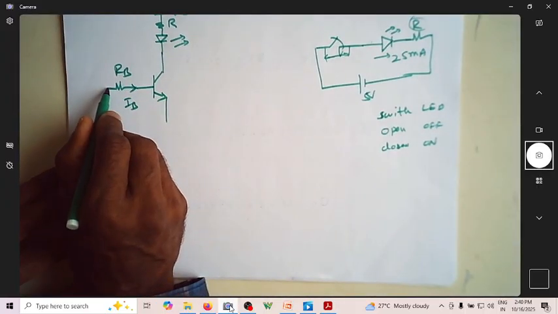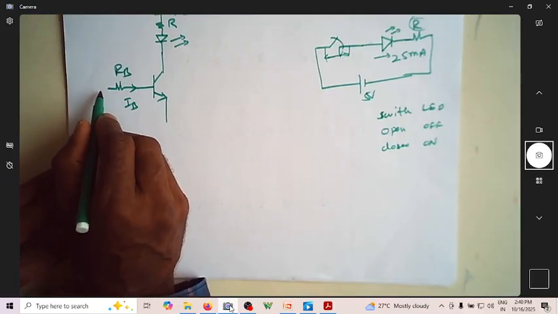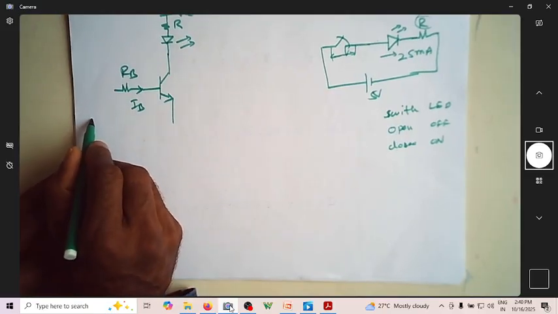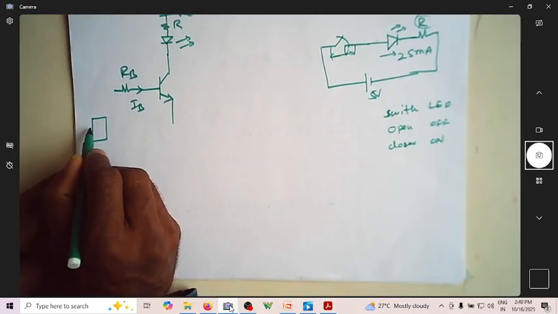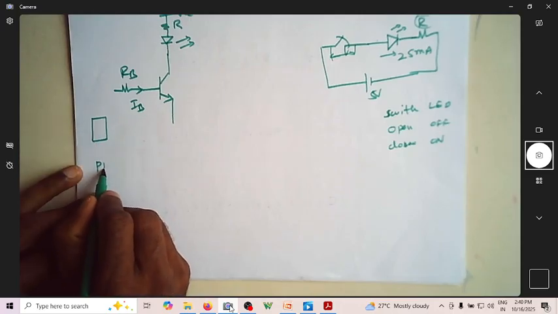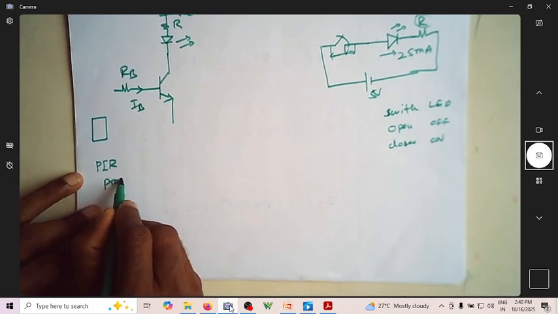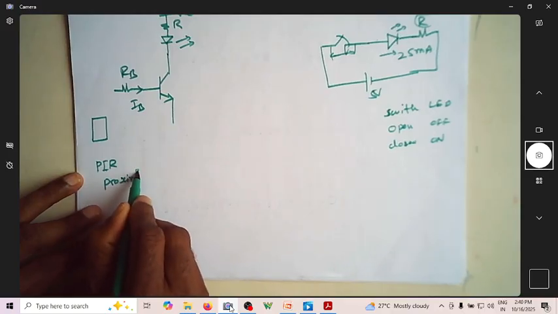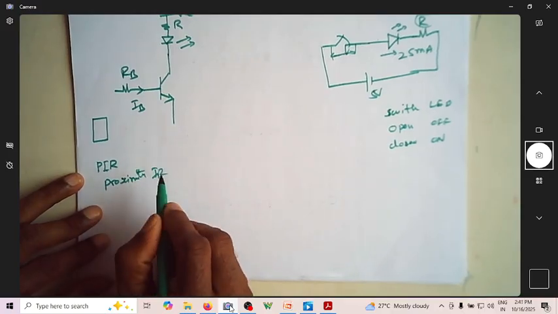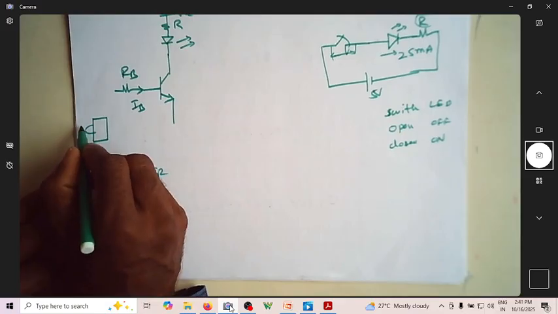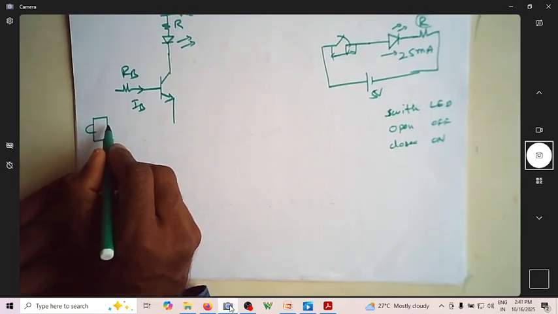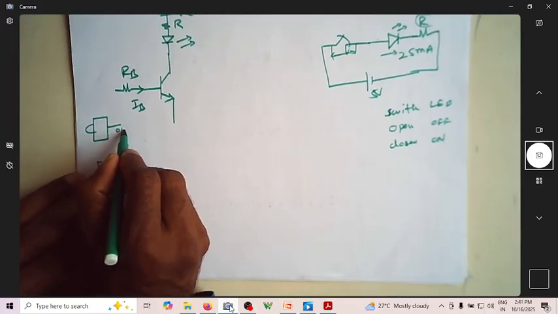Let me have the output from a particular sensor. It can be a PIR sensor, which stands for proximity infrared sensor, meaning if any disturbance happens close to it, it will give an output of high.